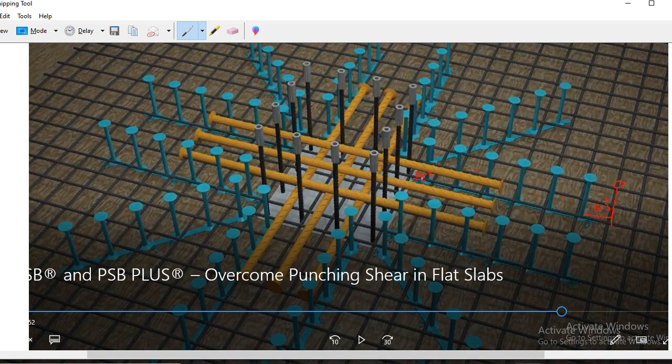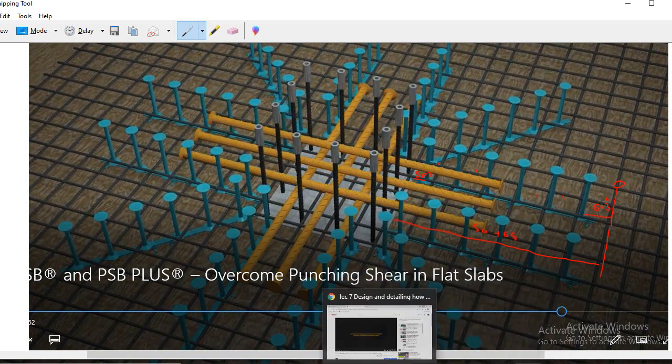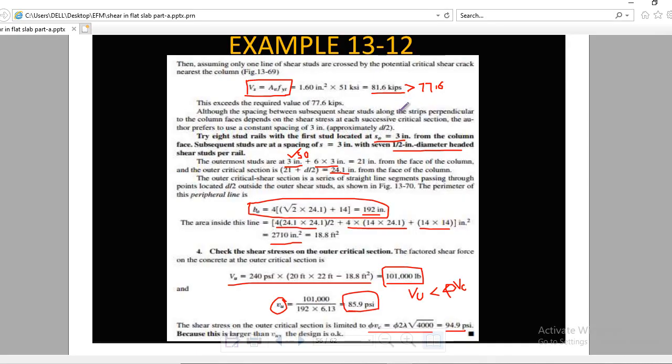So 3 inch plus, now remember, the distance from the face to the last stud will be S0, that is 3 inch, plus 6 times S. You see here this one. Okay, remember this one.